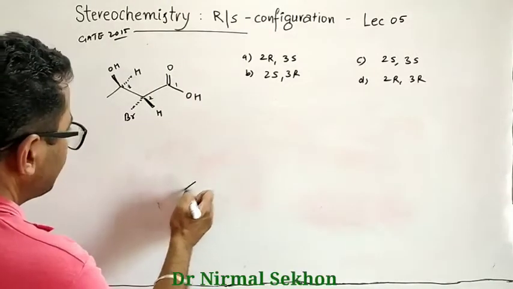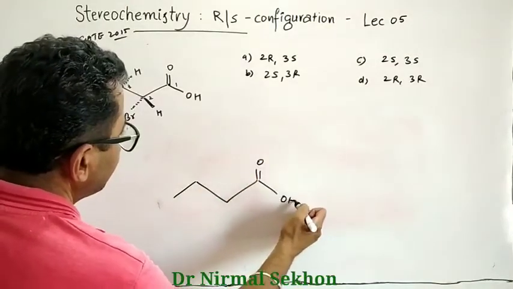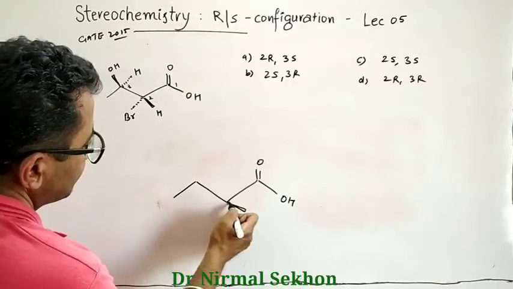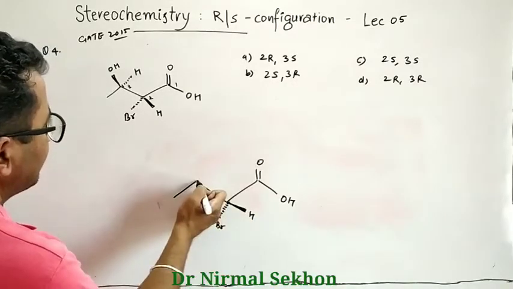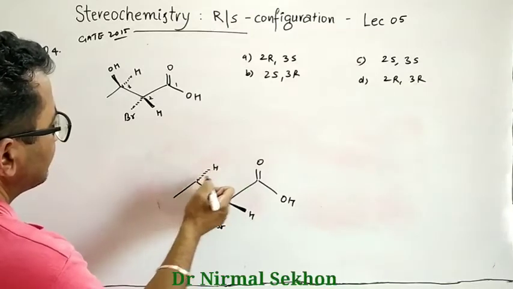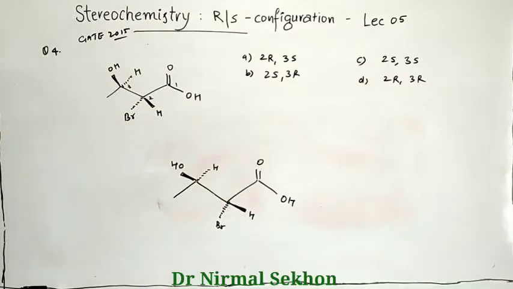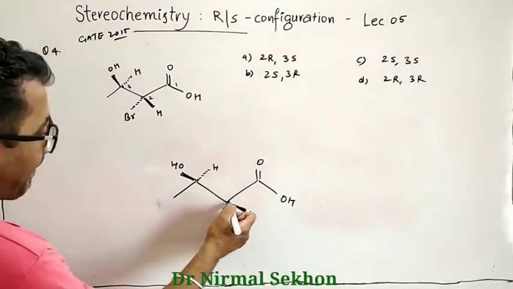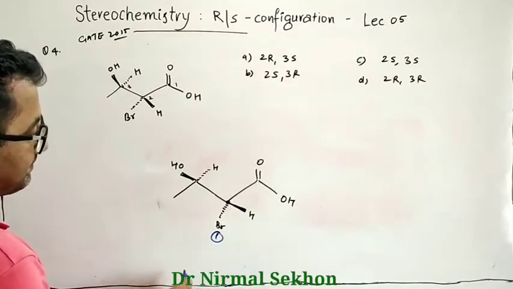Just draw it once more so that we can find the structure one by one, like Br here, hydrogen here. Now, first concentrate on 2. Which 4 groups are attached? Br, that gets number 1.